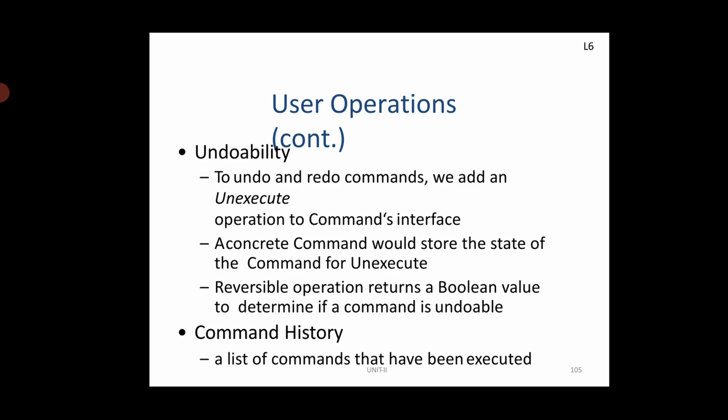We use whatever undo information execute stores. In the case of a font command, for example, the execute operation would store the range of text affected by the font change along with the original font. So the font command's unexecute operation would restore the range of text to its original font size. This is the concept of undoability.